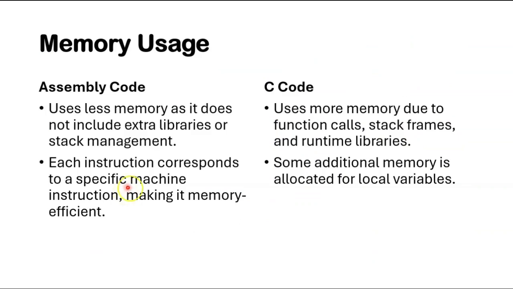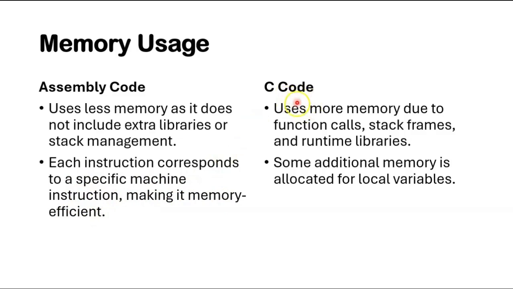Memory usage. Now, assembly code uses less memory as it does not include extra libraries or stack management. Each instruction corresponds to a specific machine instruction, making it memory efficient.